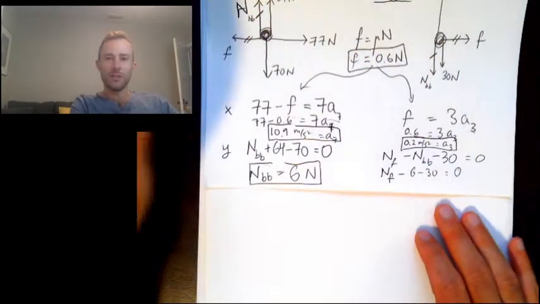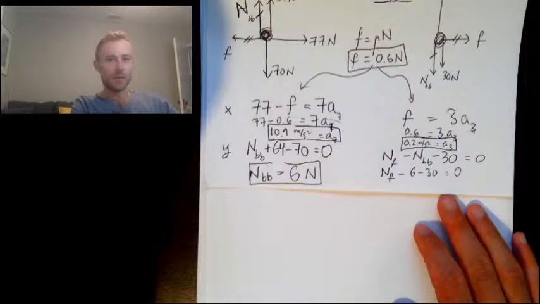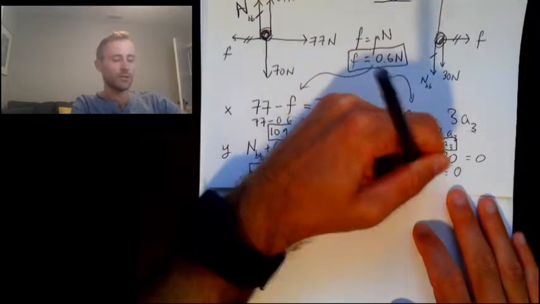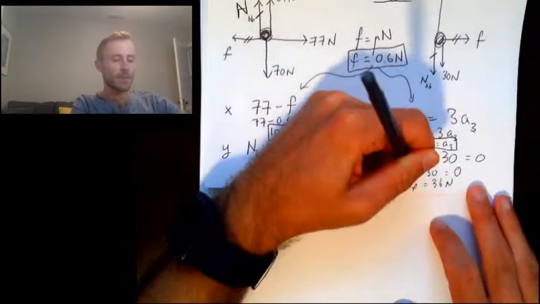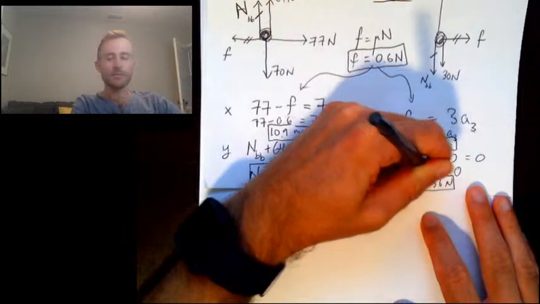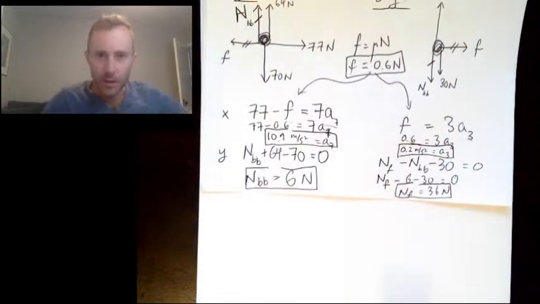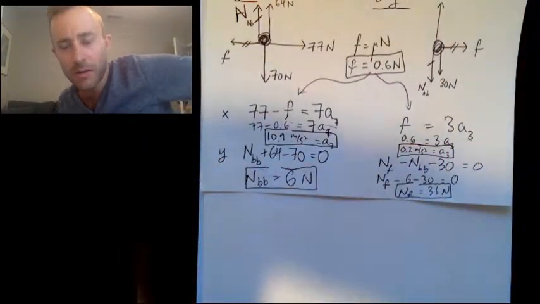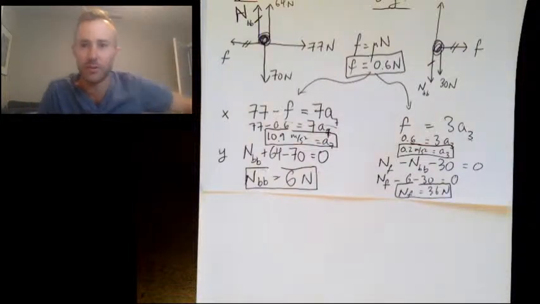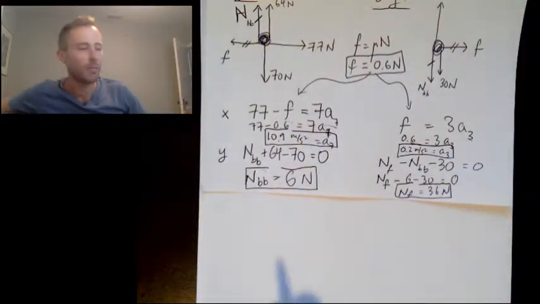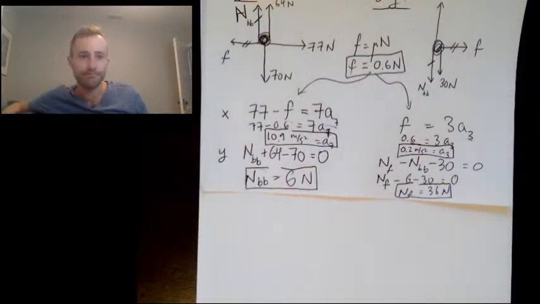So that says that the normal force from the floor is 36 newtons. So I have solved for all the unknowns and I've completely specified what is going to happen in this situation.